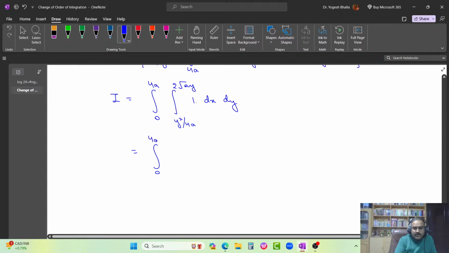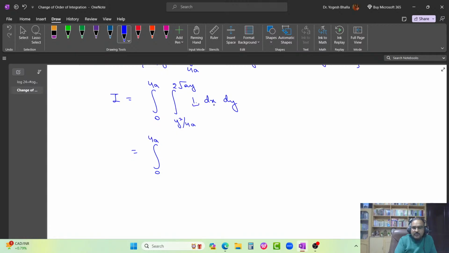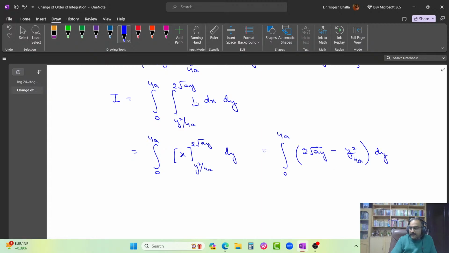0 to 4a. Now what is the integration of 1 with respect to x? It will be x, from the lower limit to the upper limit, and then dy. So it will be 0 to 4a, upper limit minus lower limit, into dy.